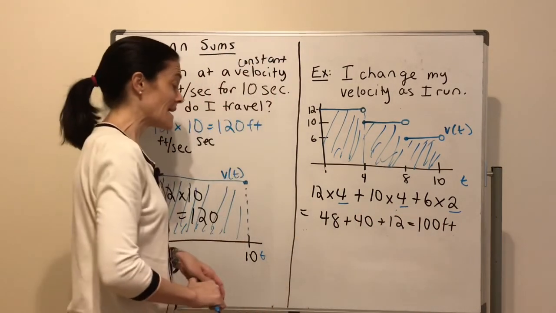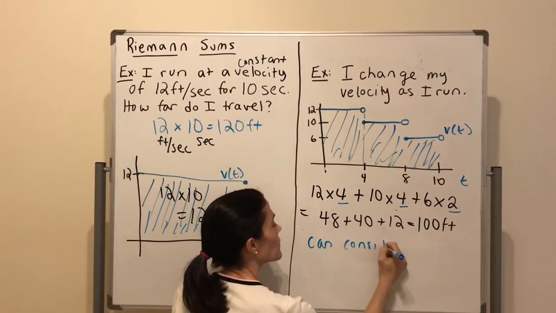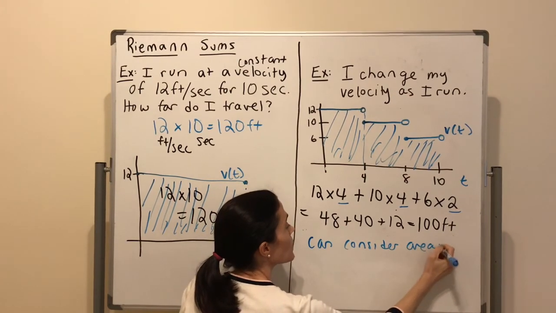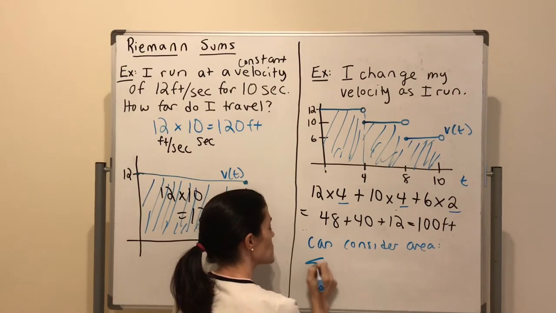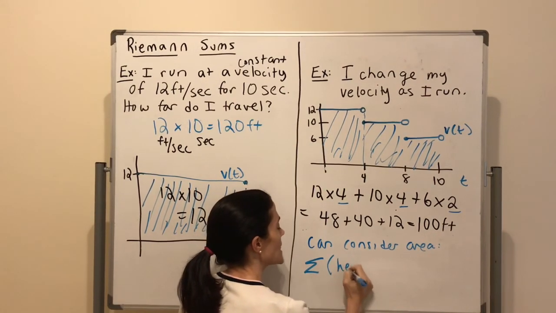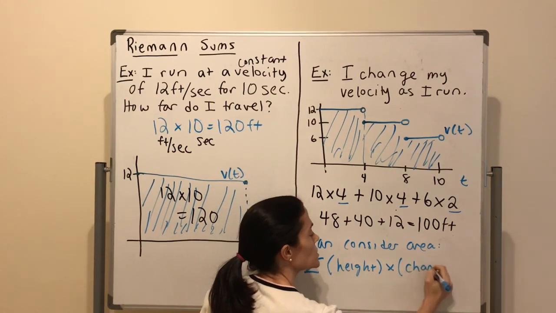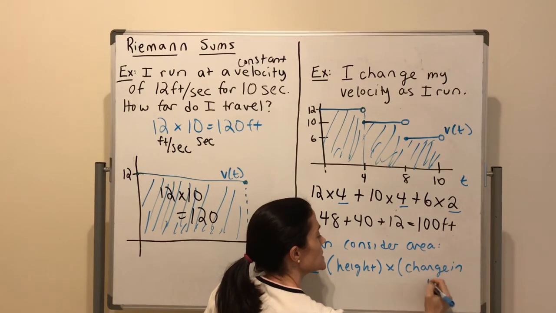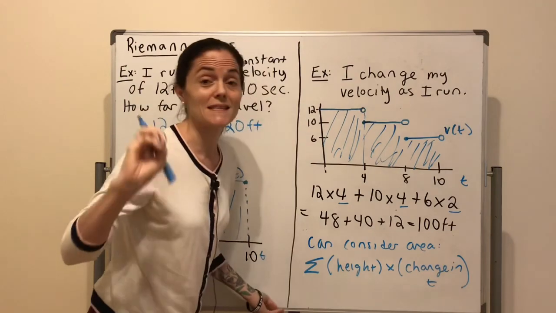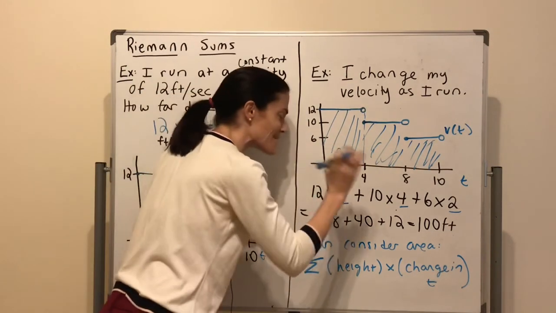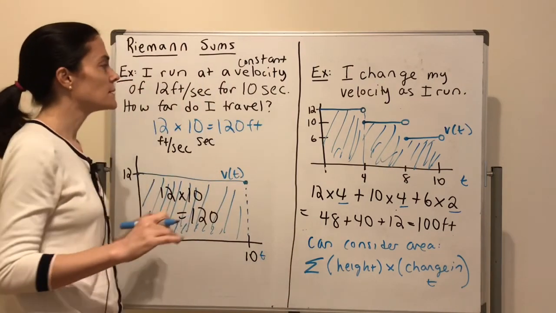So we can consider the area here, or the total displacement, as a sum of the height of the rectangle times the change in t. I don't really have indices here, but this is an idea of how we can think about this sum. And we will see this even more so moving into Riemann sums.